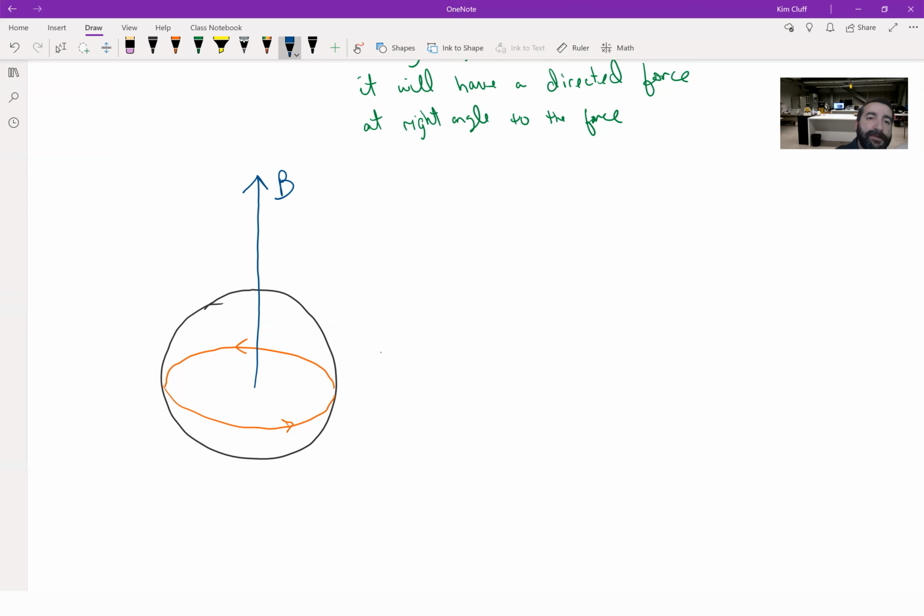So let me draw in green the magnetic moment. It will wobble around that external B field or precess around it.